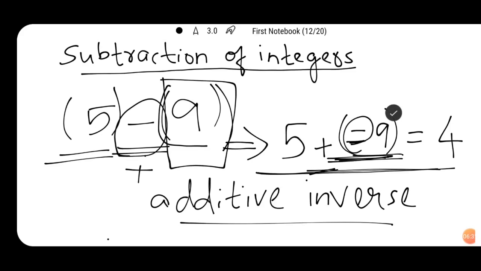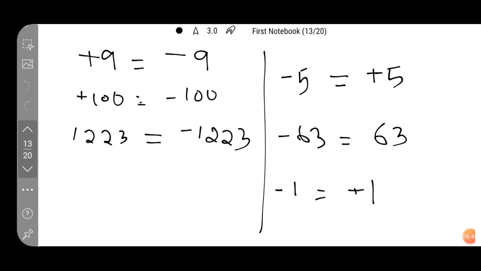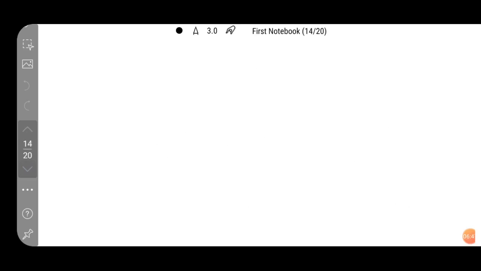So we will give the sign of our answer as negative 4. That is our answer. So whatever be in subtraction of integers, we will change it to addition. How will we change it to addition? We will take the additive inverse of the second number and we will add it. That is how subtraction of integers is done.